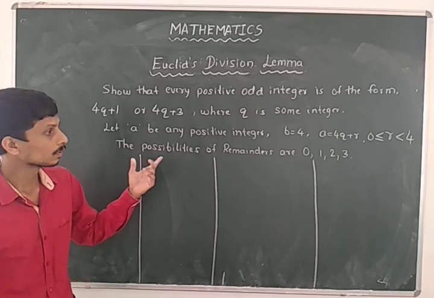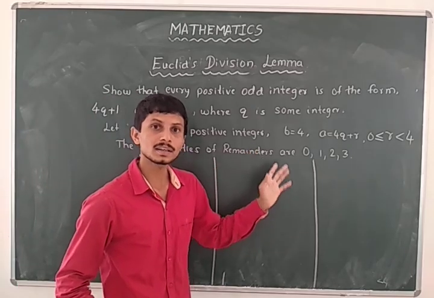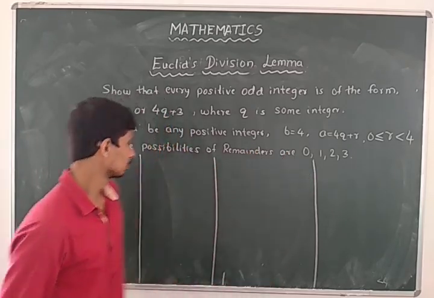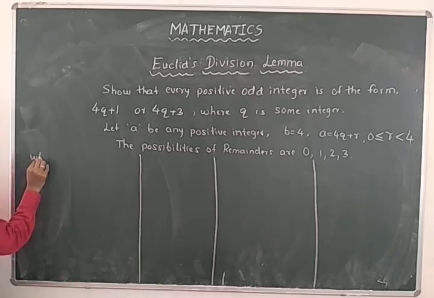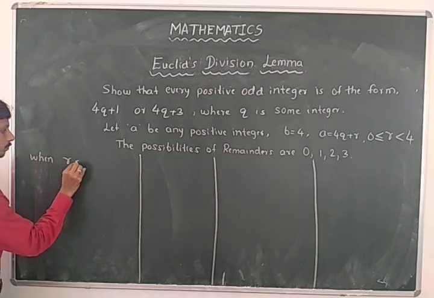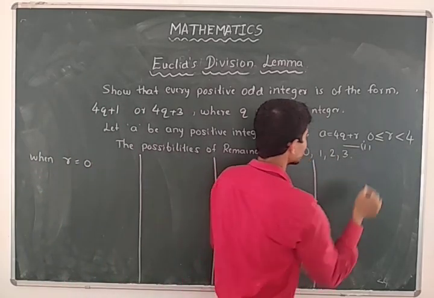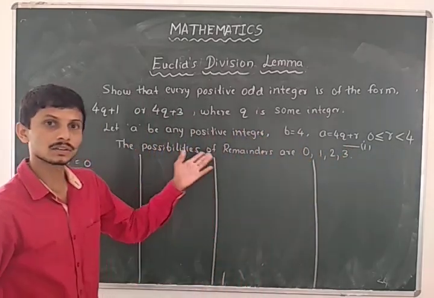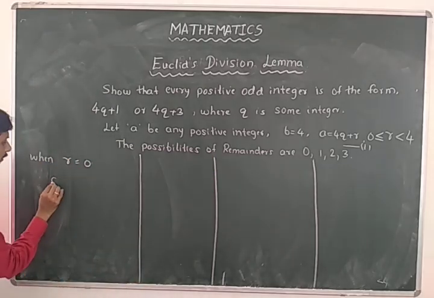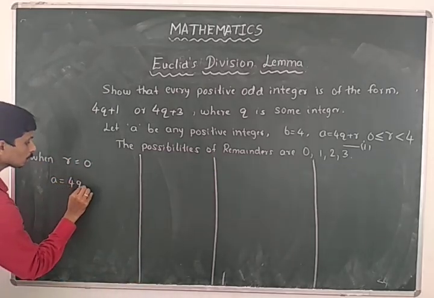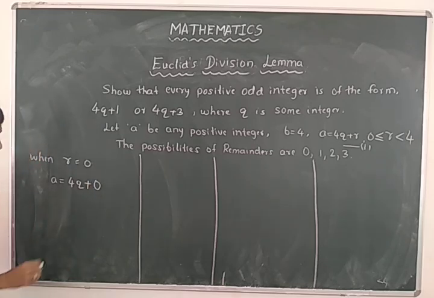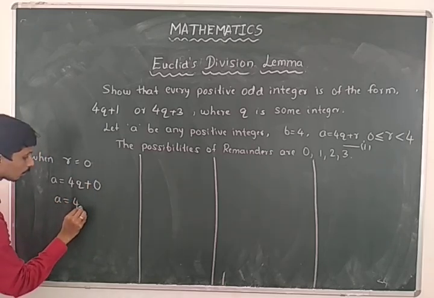For the first one I will take the remainder as 0. So when r is equal to 0, what happens to equation 1? Yes, I will consider this as equation 1. So equation 1 becomes a is equal to 4q plus 0, so a is equal to 4q.